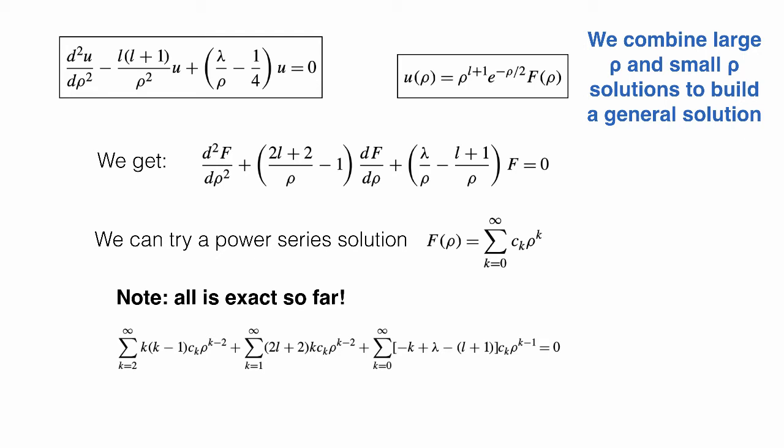This is important because it turns out that we can start at 2, even though if you do the calculation, you will find that in fact that first sum should start at 0. However, the first term k equals 0 and the second term k equals 1 do not contribute to the sum, since the sum includes the product k times k minus 1. This is going to become important in just a second.